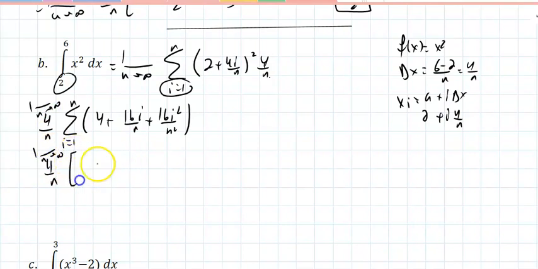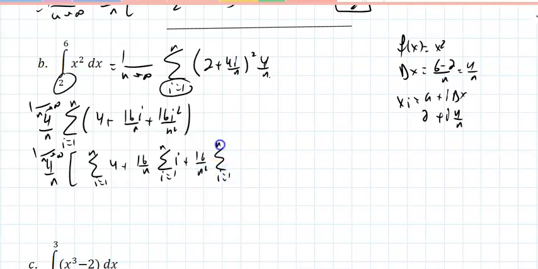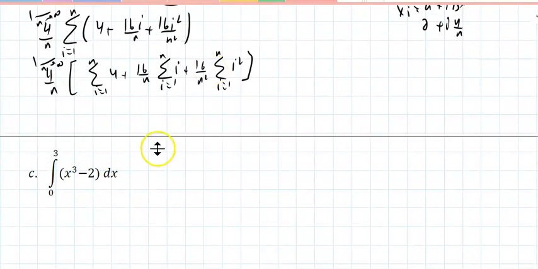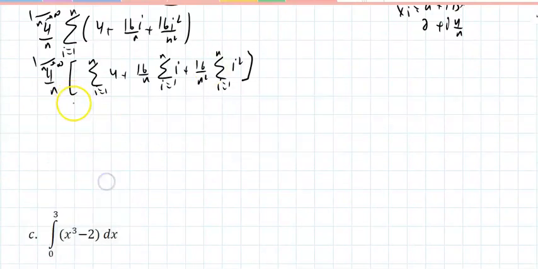And this will be the series i equal 1 to n of 4 plus 16 over n the series i equal 1 to n of i plus 16 over n squared the series i equal 1 to n of i squared. So that would be the limit as n approaches infinity of 4 over n. And let's talk about, this is 4 times n.